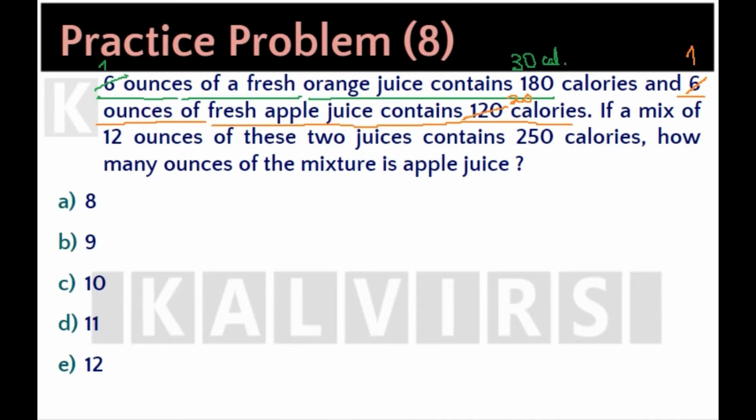Therefore, let the 12 ounces of these two juices contain X ounces of orange and Y ounces of apple juice.